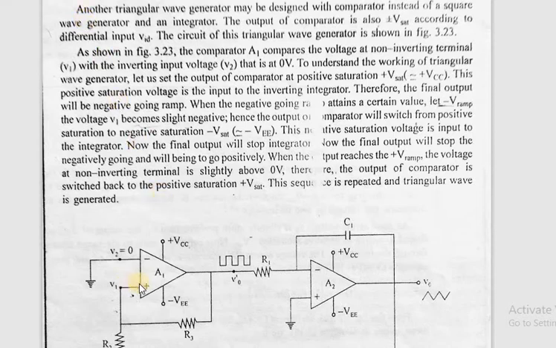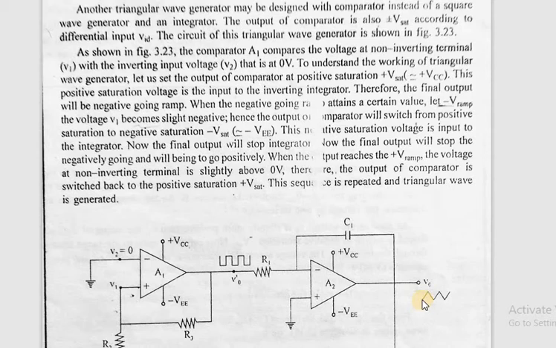What we have assumed initially is that V1 is greater than V2, so the output is the positive saturated voltage, that is plus VCC. This is positive saturation, and because it is connected to the inverting end, the output of the integrator is a negative going ramp.